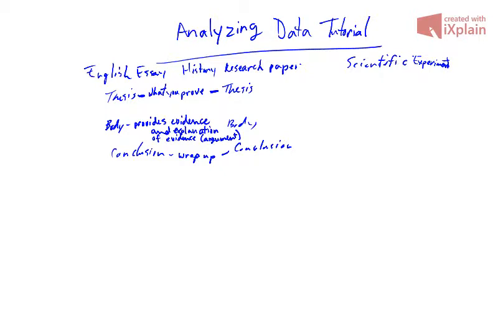So in a scientific experiment, you have a hypothesis or a scientific question you want to answer. And then, here's where it diverges a little bit.